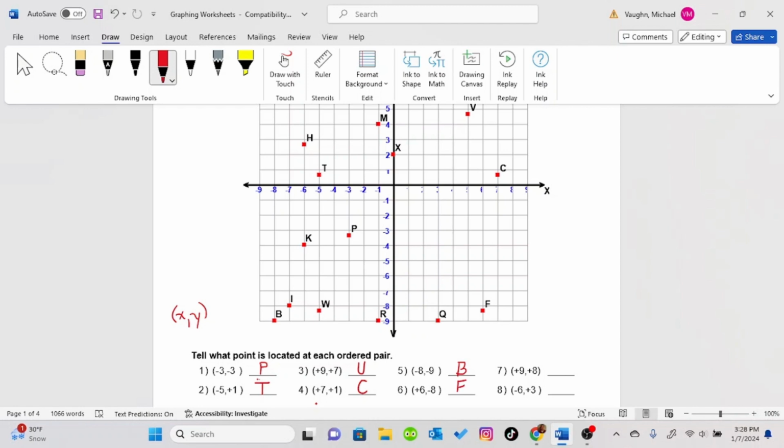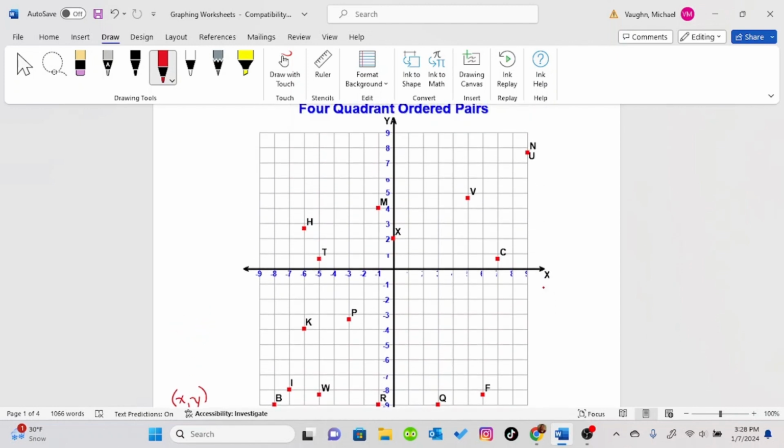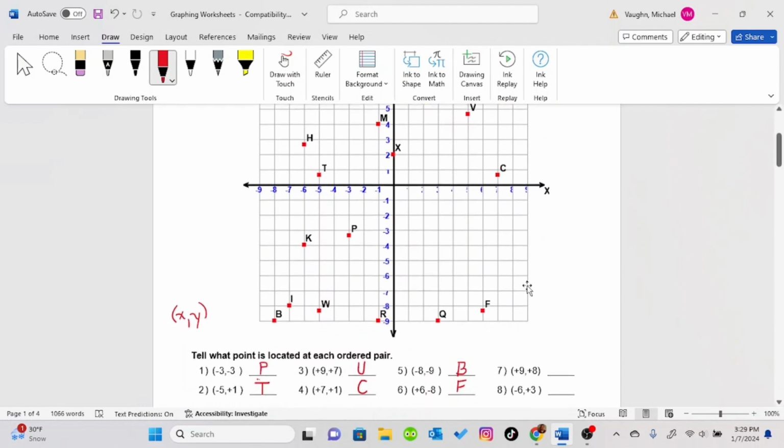Number 7, we're at +9, +8. That means we go right to x equals +9, up to y equals +8, and we're at point N. And number 8, we're at -6, +3.